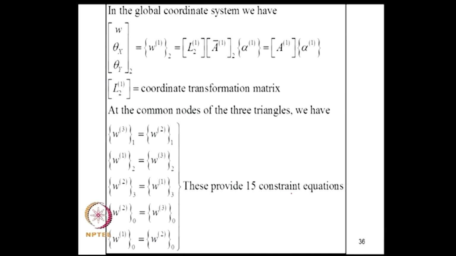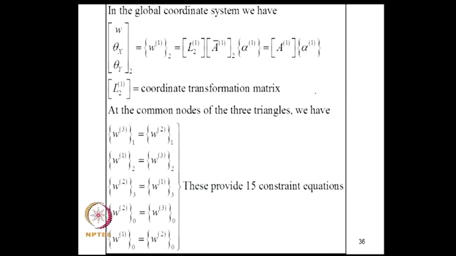In the global coordinate system we have to use the transformation matrix L2 that we just now saw in the development of the previous element; we need not get into that again. The same transformation matrix is used and we get W for the first element at node 2 related to the nodal degrees of freedom through this matrix, where L2 of 1 is the coordinate transformation matrix for element 1.